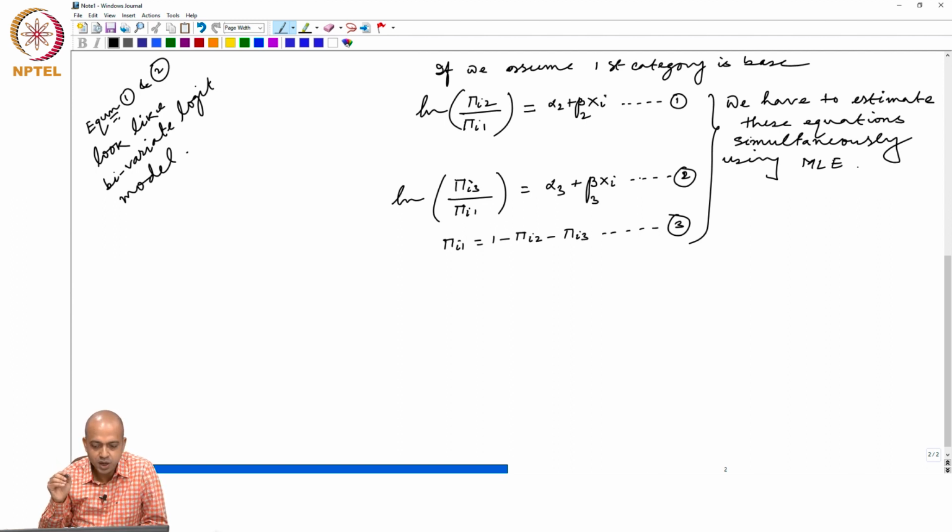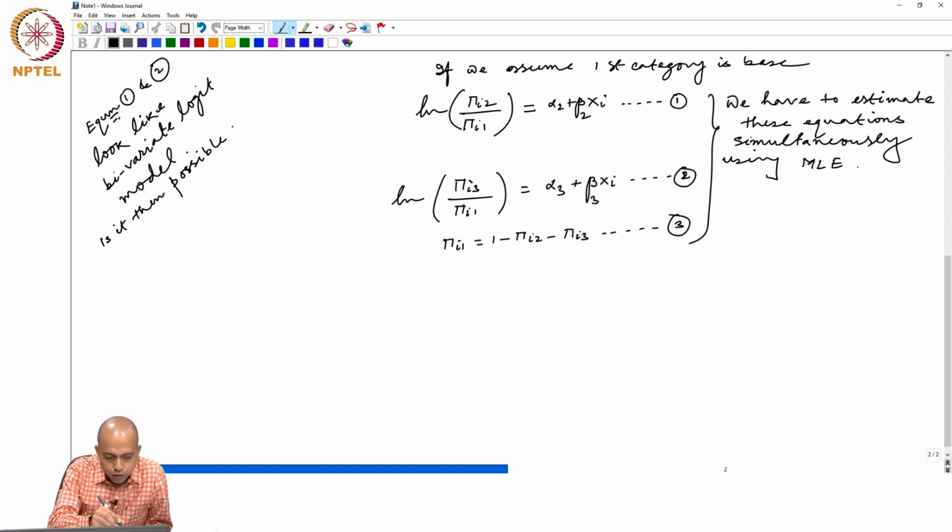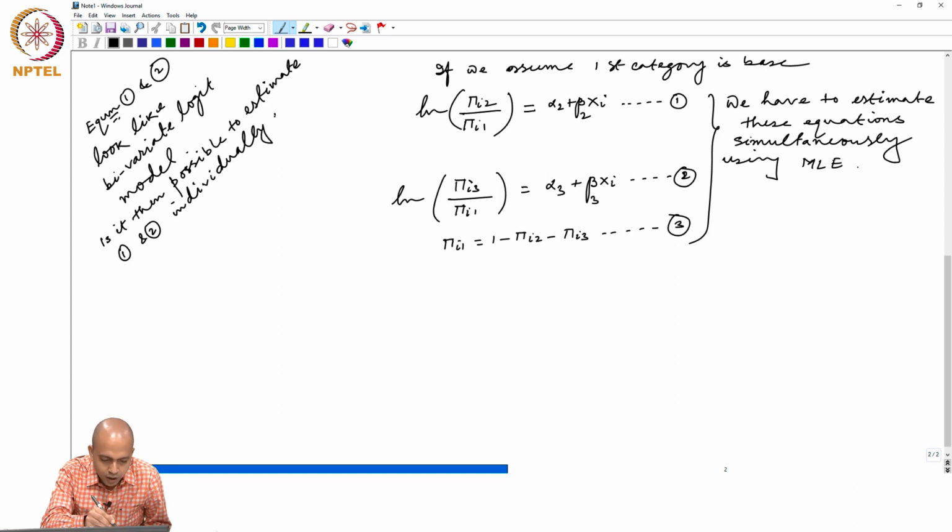Then the question we raised: is it then possible to estimate 1 and 2 individually applying a bivariate logit model?